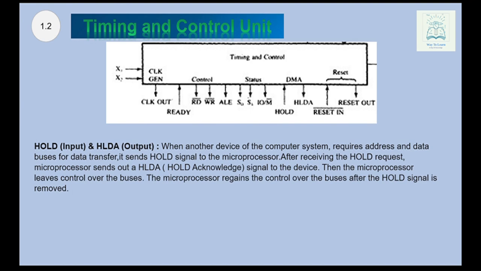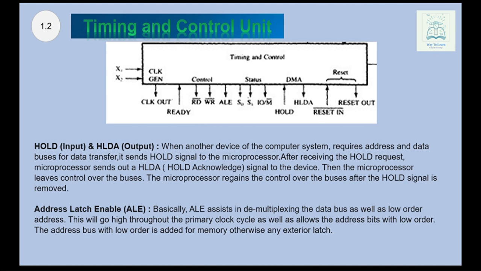The microprocessor regains the control over the buses after the hold signal is removed. HLDA, it is a hold acknowledge signal sent out by the microprocessor after receiving the hold signal. It is sent to the device which has issued the hold signal. After the removal of the hold signal, the HLDA goes low, and thereafter the microprocessor takes over the buses.